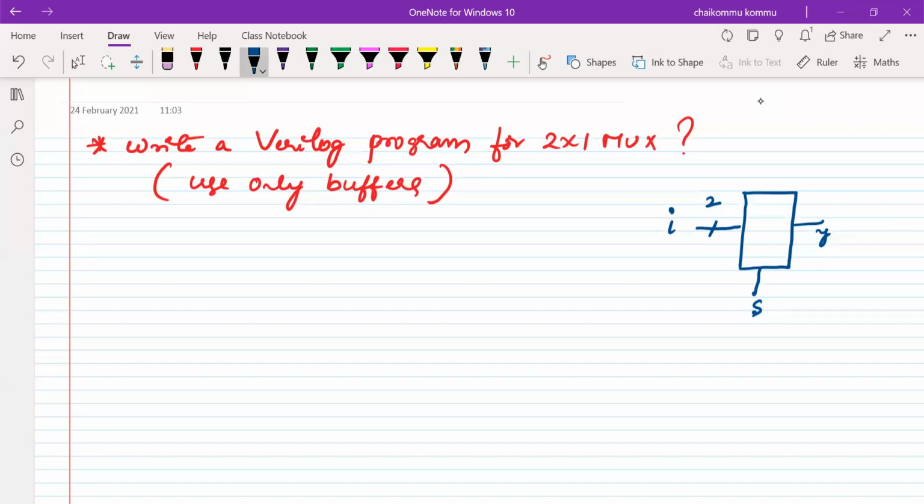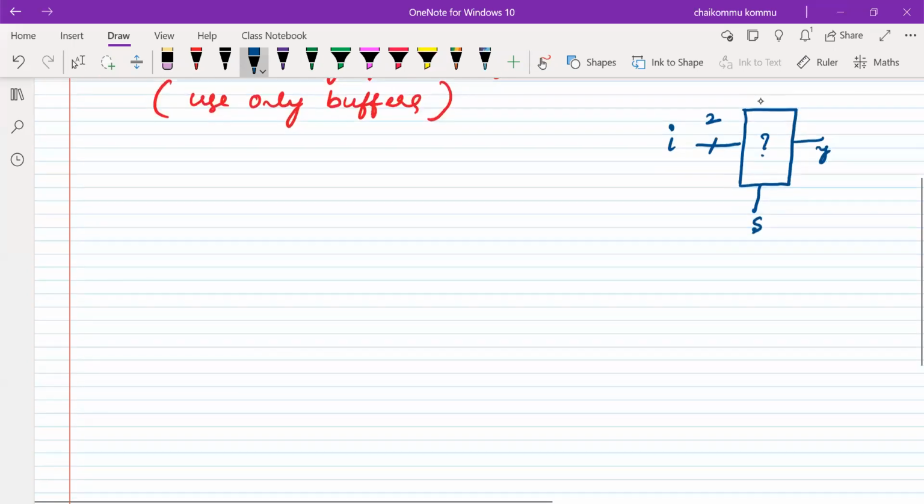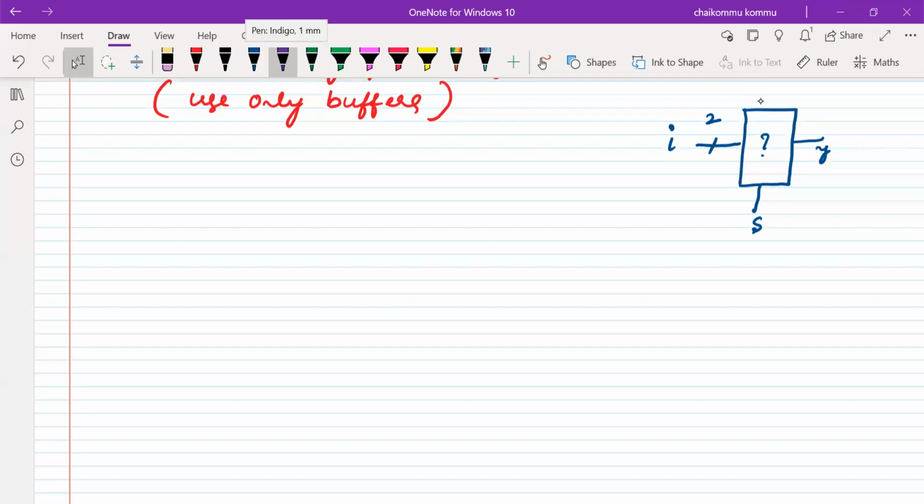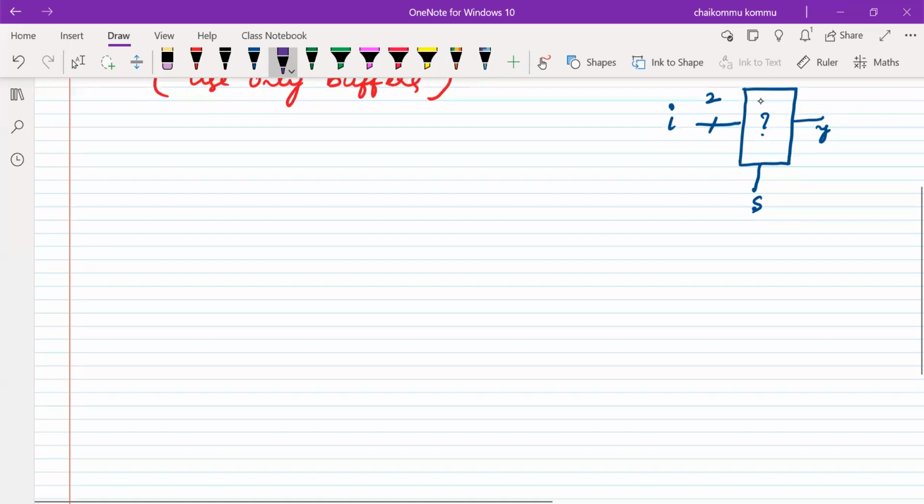There are many ways that we can model and design this. One way is by using the buffers only. So let us take the buffer circuitry for this. Buffer means tri-state buffers are useful here.